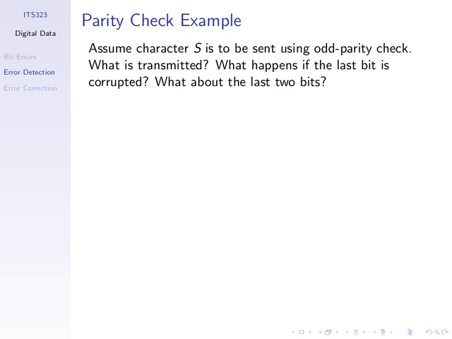Let's change it to Q. Q, instead of the character S, is represented from the ASCII table as a 7-bit number. This is a 7-bit number representing the letter Q from the ASCII table. You need to look that up to find what that value is. You don't have to remember. That's our data that we want to send.